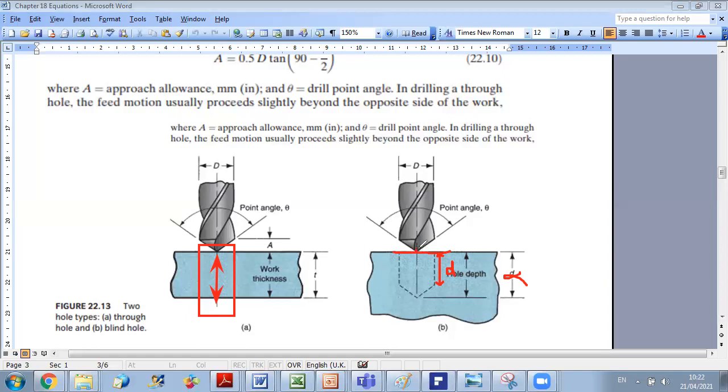As it will move, we count from the position where the point is in this position. We consider that the drilling operation will really start once the full diameter of the drill is at the beginning of the work part. Then from this position we should advance a certain distance d to make this whole thickness here. Now let us develop the equations related to this operation.